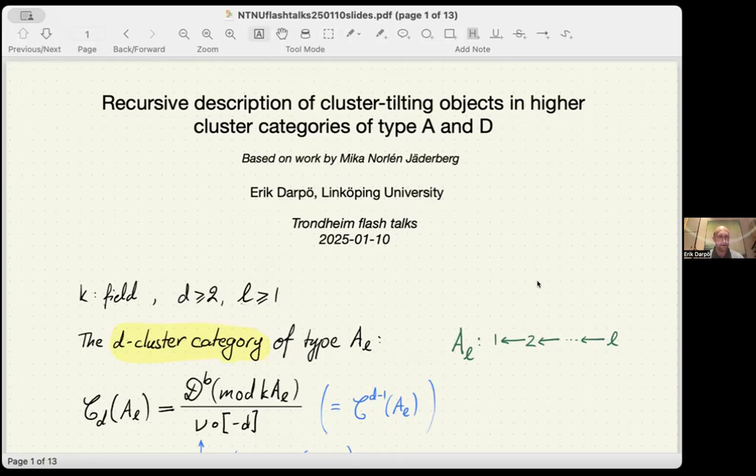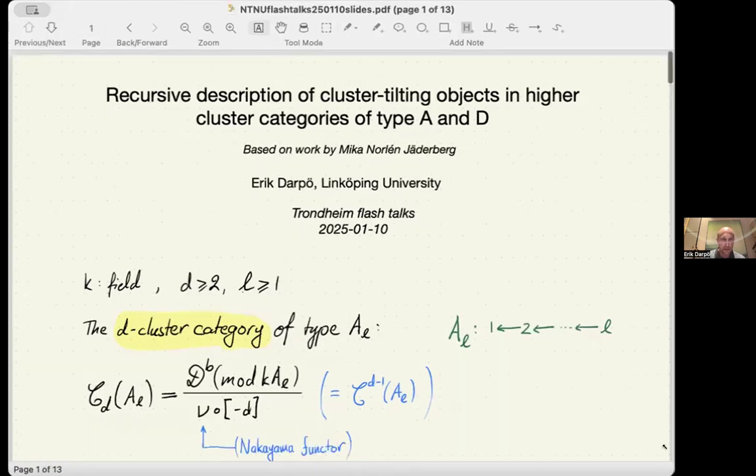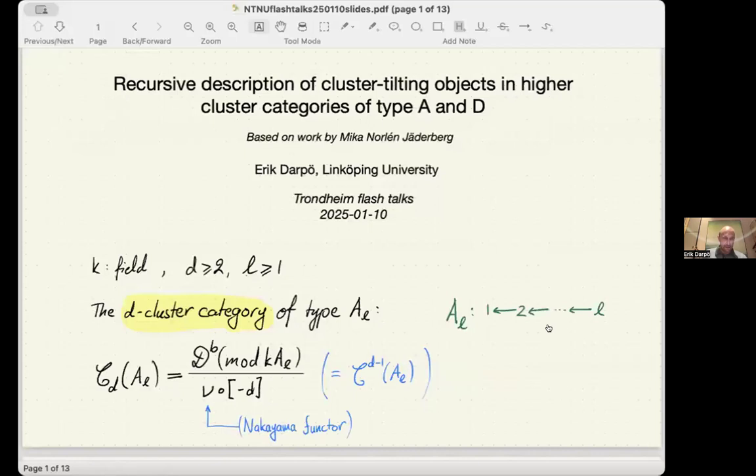So when I speak about the d-cluster category of type A_l in this context, I mean that we take the bounded derived category of a quiver of type A_l, and we take the orbit category with respect to the Nakayama functor shifted by negative d.